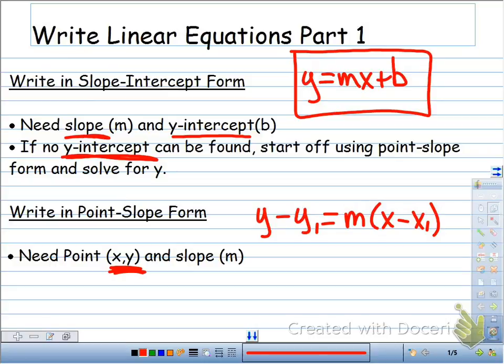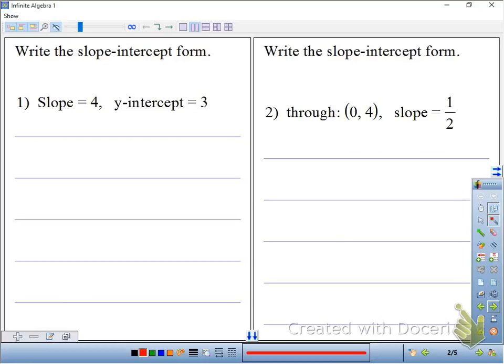Now we're going to look at 5 different problems, and here are our first couple. These are on your worksheet, so follow along on the worksheet, and you'll be able to get the answers. For this first one, it says, write the slope-intercept form. That's the first thing I need to make sure I pay attention to, how do they want my problem written.